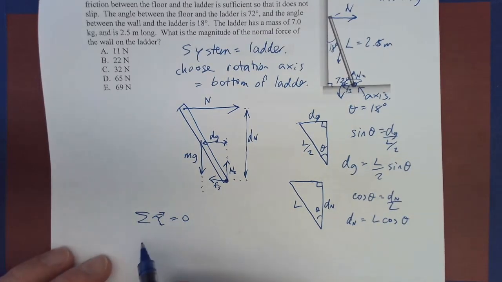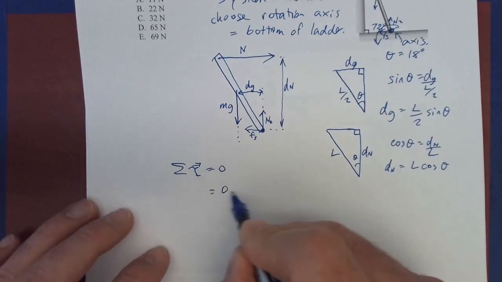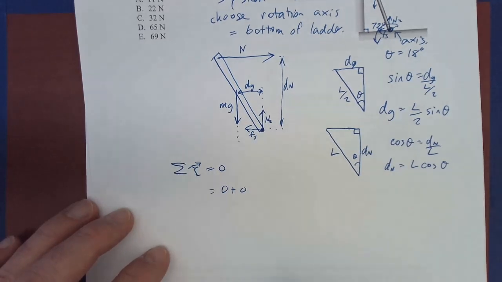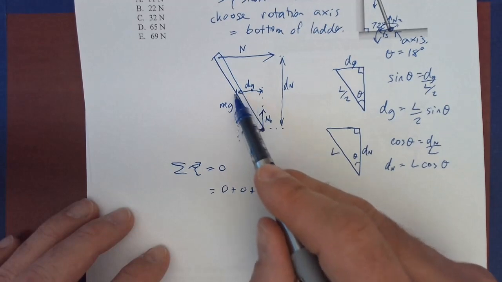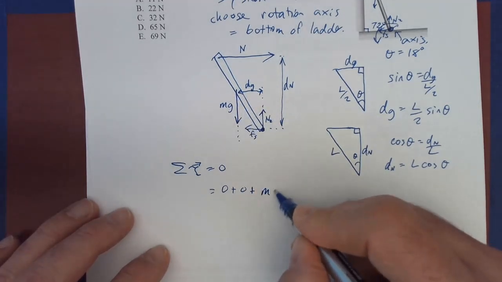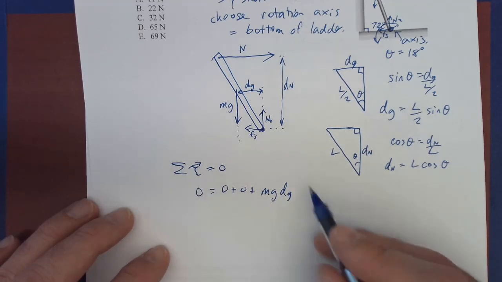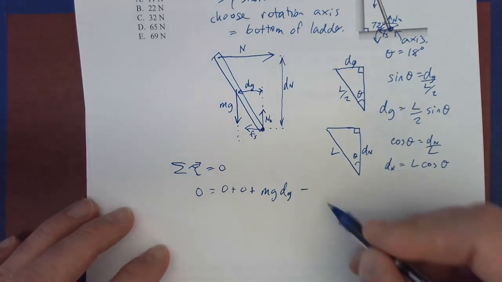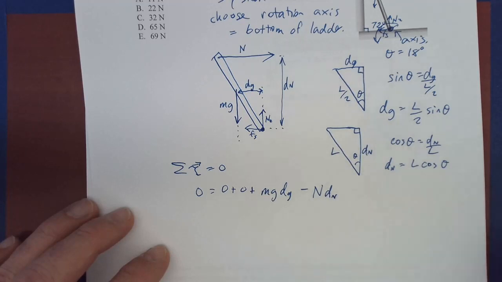So the sum of all the torques here is equal to 0 plus 0. Those are the torques at the bottom because they're acting at the rotation axis, no torque. And then this is a counterclockwise torque from gravity, so it's plus mg times d sub g. And then the normal force is clockwise, so that's a negative torque of the normal force that I'm trying to find times d sub n.